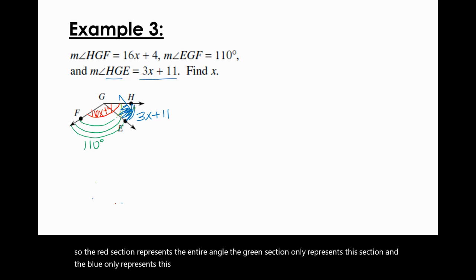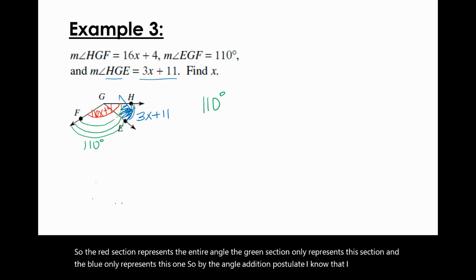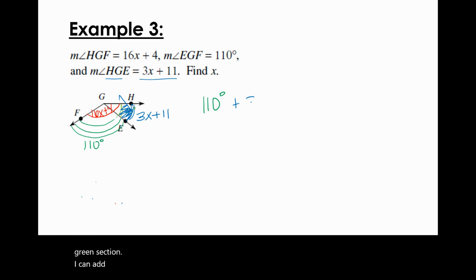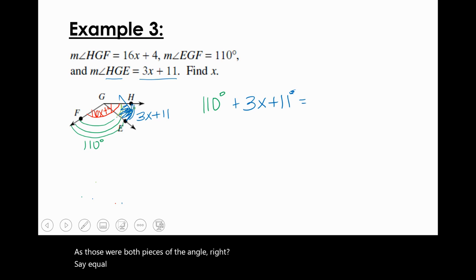So by the angle addition postulate, I know that I can add my green section and my blue section, because those are both pieces of the angle, to equal the entire angle, which is my red section.